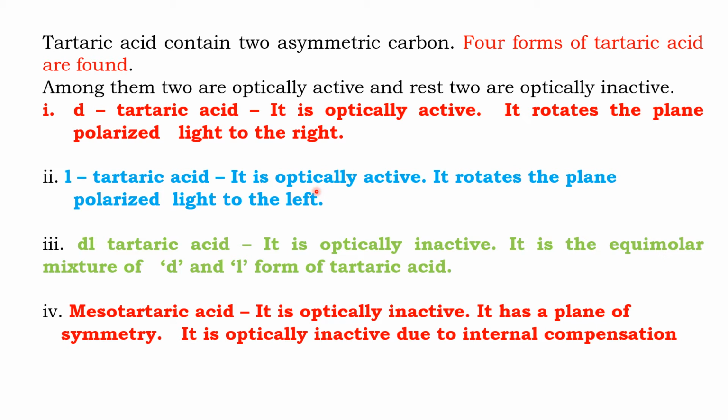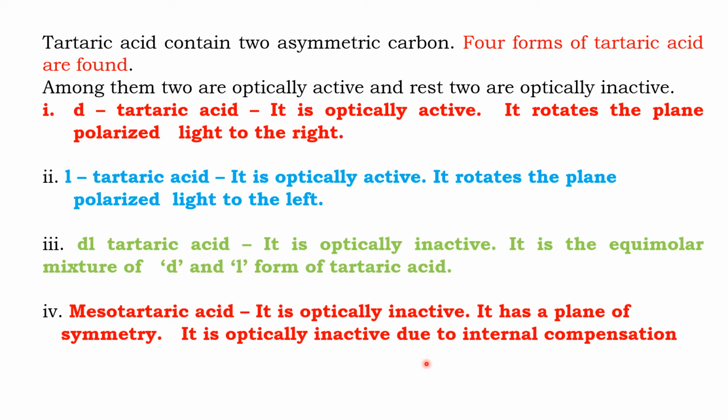If I mix equal amounts of D and L, it forms an optically inactive mixture, called the racemic mixture, which is optically inactive due to external compensation. And the fourth form is mesotartaric acid, which is optically inactive due to internal compensation, that is, due to the presence of a plane of symmetry.